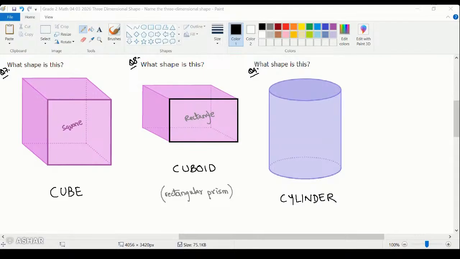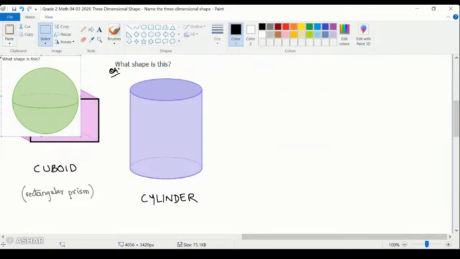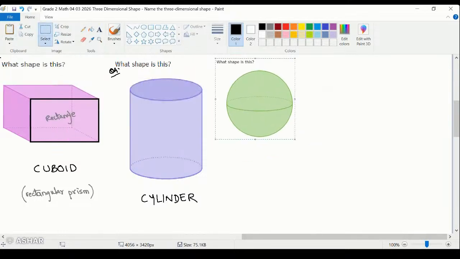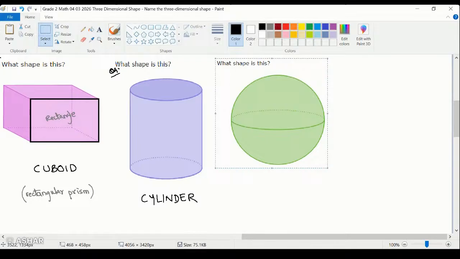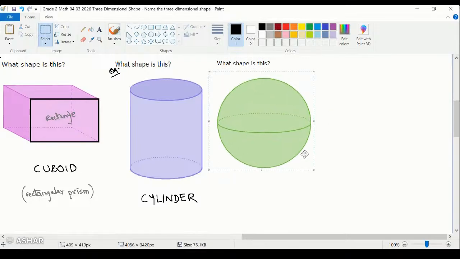What is this shape in question number 10? In question number 10, they're asking us what is the name of this shape? Cylinder would be CY.